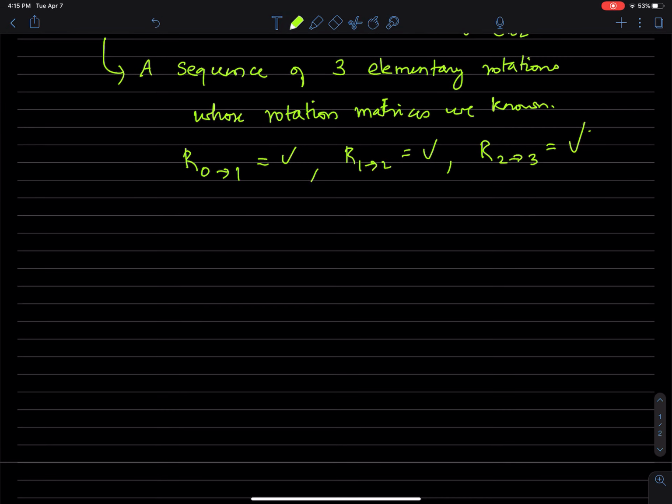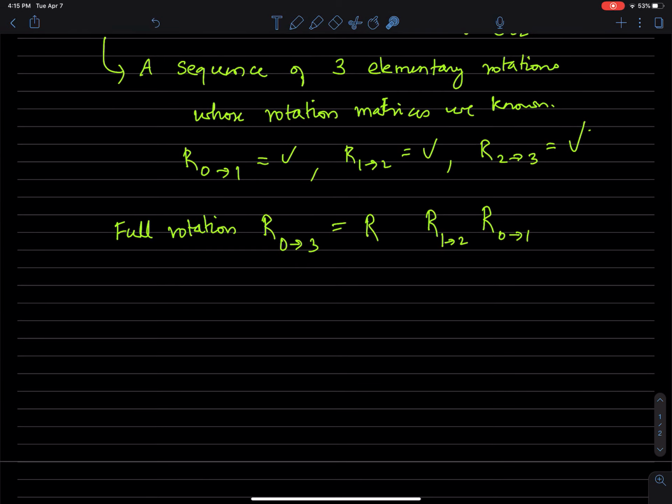Okay. The full rotation matrix, of course, is the composition of these things. Full rotation R 0 to 3 is going to be, so it goes right to left, R 0 to 1, and then you operate on that to get 2. So the output of this gets operated on by 1 to 2, and the output of these two things gets operated on by 2 to 3.